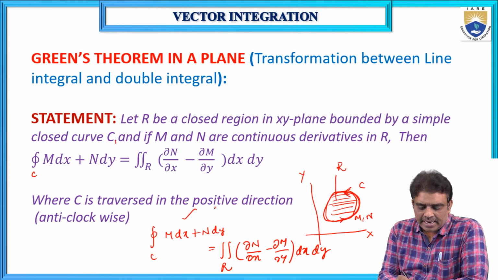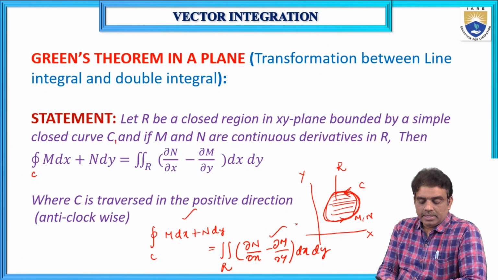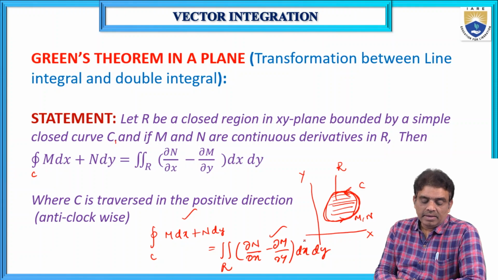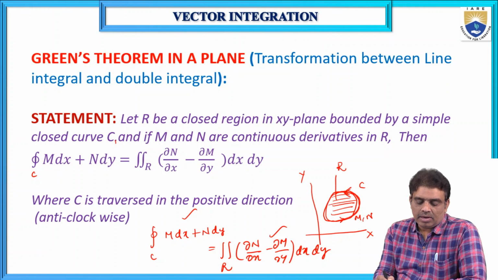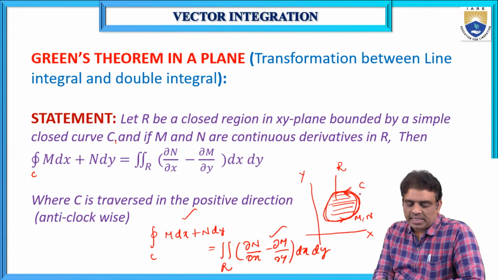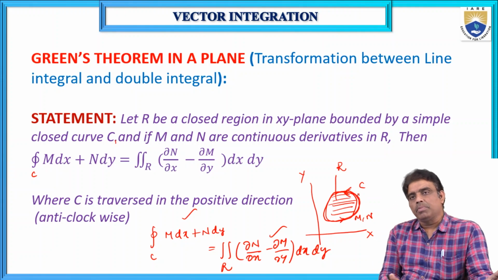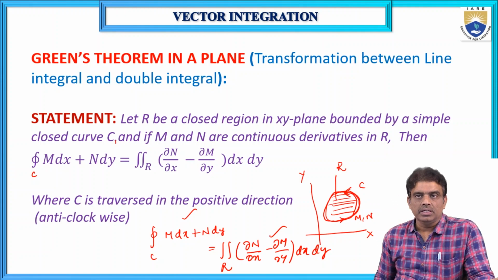So this is a line integral, this is a double integral, and they are equal when R is a closed region bounded by a curve C in the xy plane, where M and N are continuous functions defined in the region R.